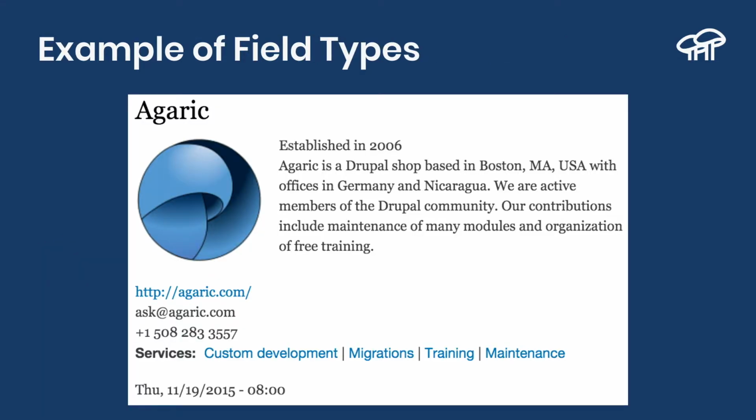These are some examples of field types. You have fields for one line. You can also have multi-line fields. That's in Drupal, there is a difference between one line and multi-line. You can have images, URLs, phone numbers, dates, tags, and the one that says established in 2006, even though you see text there, that field is actually a number field.